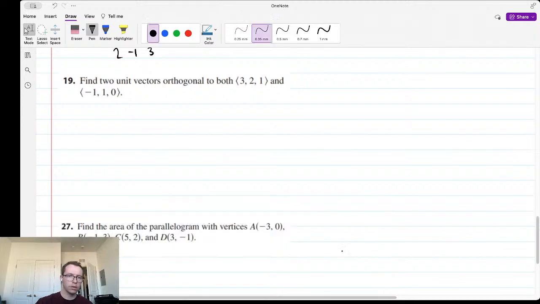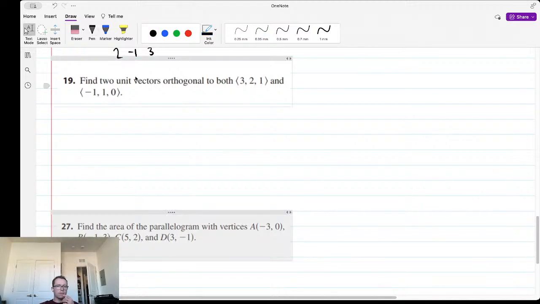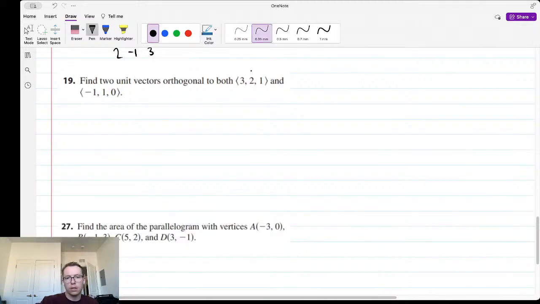Well, so we're going to use something called a thing. Hold on. We need to make sure that these are unit vectors first. So let's call this one A and this one B.